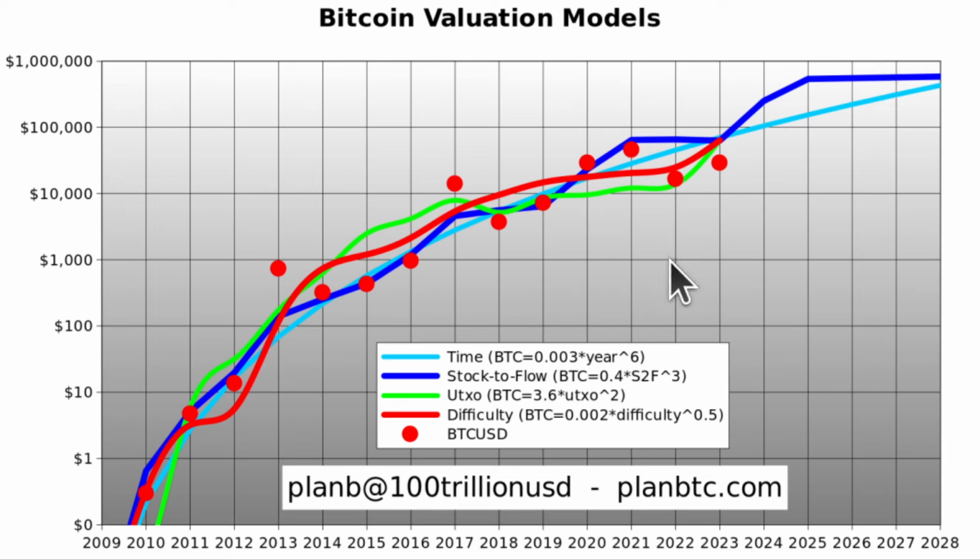So how good are those models really? We could look at the goodness of fit, R squared, which is 97% for the time model, stock-to-flow model, and the UTXO model, and it's 94% for the difficulty model. But then R squared doesn't say anything, and I guess the very important thing to remember is that correlation between those four factors and the Bitcoin price is not causation.